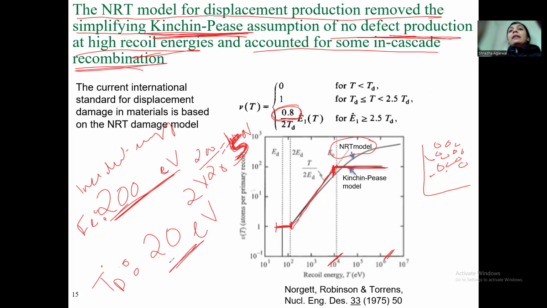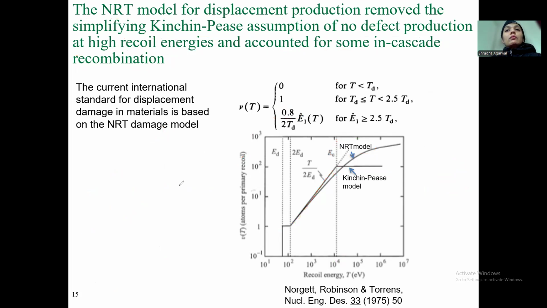Then it's not a straight line. So overall, we are going from Kinchin-Pease to NRT. Kinchin-Pease was following this kind of approximation. NRT is following the one that I'm drawing in green. Sorry, the color has not changed yet. This is the one that NRT is following.